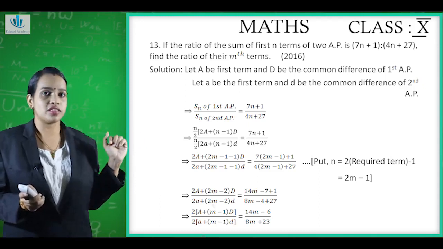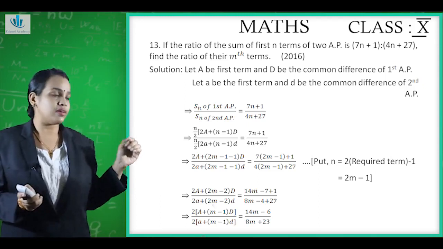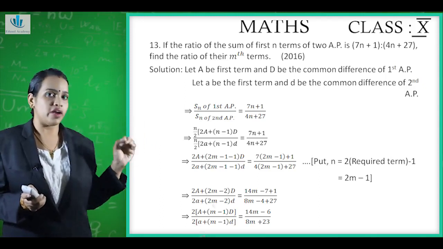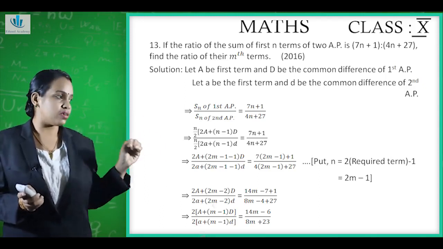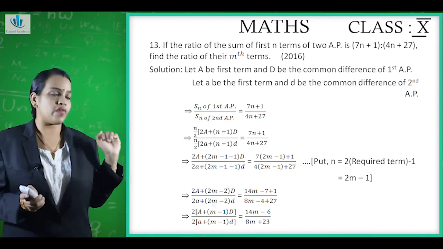So how did we get this value of n? It is said that it is the required term minus 1. So it becomes 2m minus 1. So we will put the value of n as 2m minus 1 into d upon 2a plus 2m minus 1 into d, which is equal to, here also we will put the value of n.